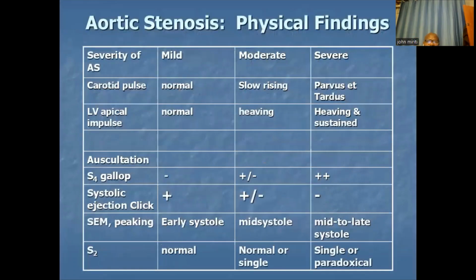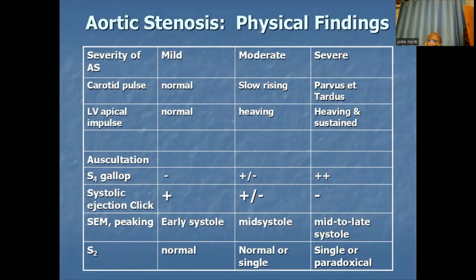So the physical findings by severity of aortic stenosis: mild, moderate, and severe.